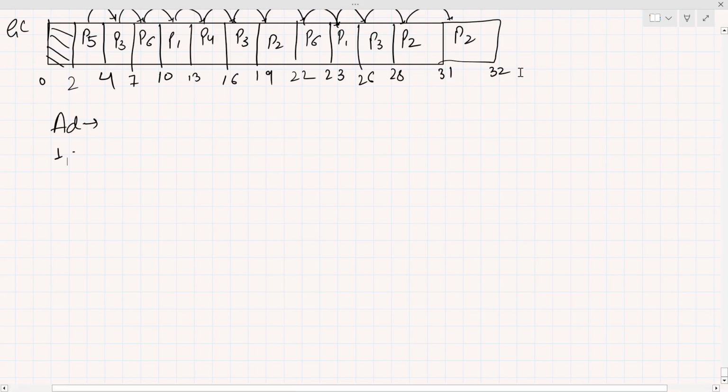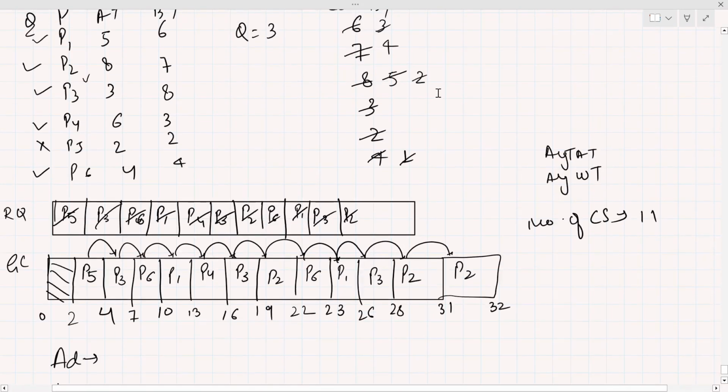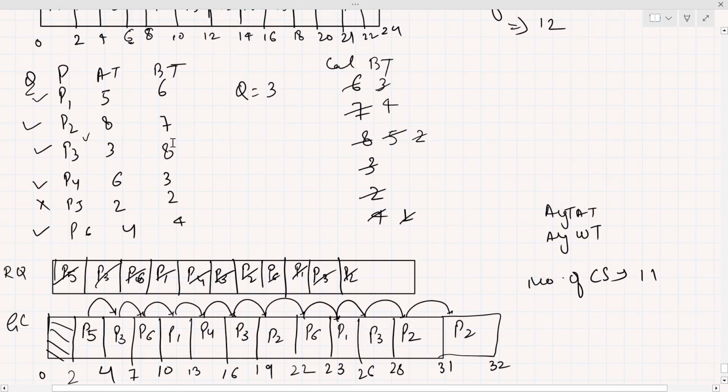There is no starvation problem in this case, because every small and big burst time process is able to execute. Okay, and the next thing is every process gets a chance.